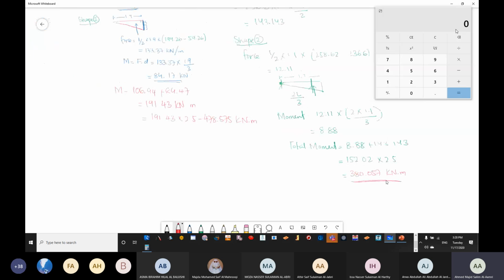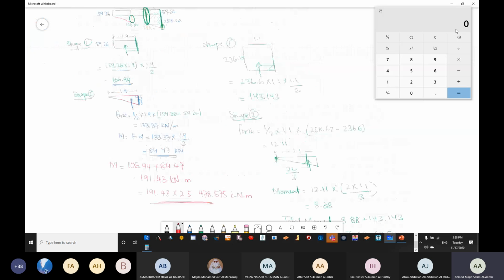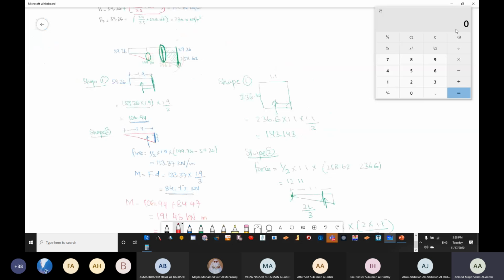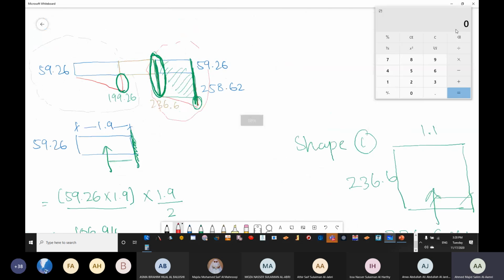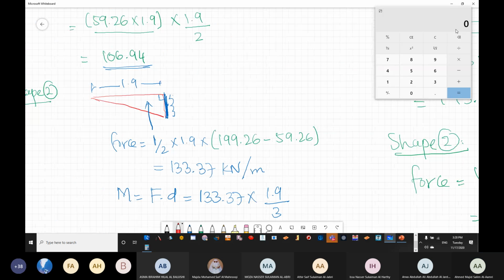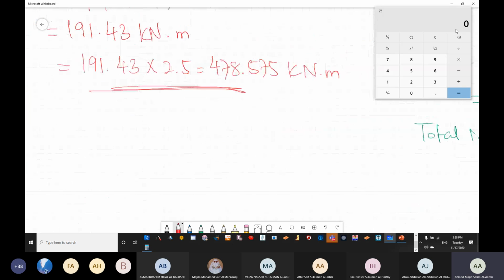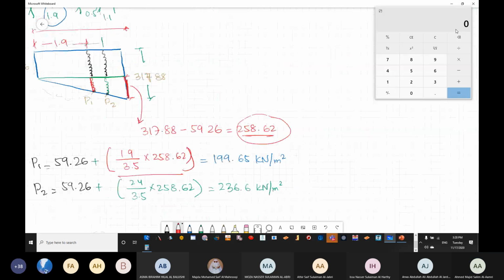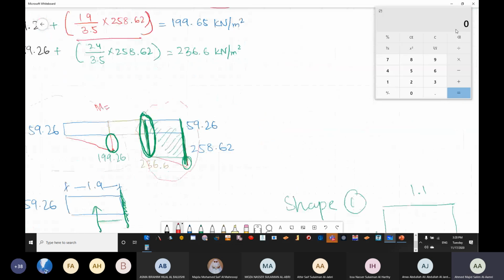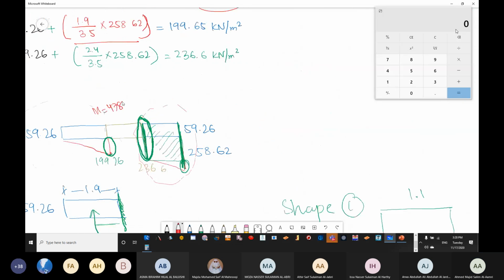Now we have two moments. This is moment number 2. This is moment number 1. So the moment in this scenario, not the pressure, the moment, is equal to 478. And then the moment in this location, not the pressure, the moment.